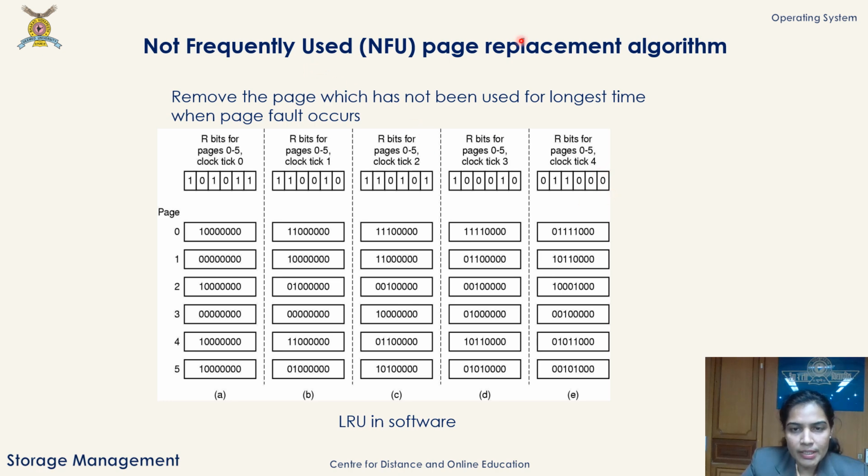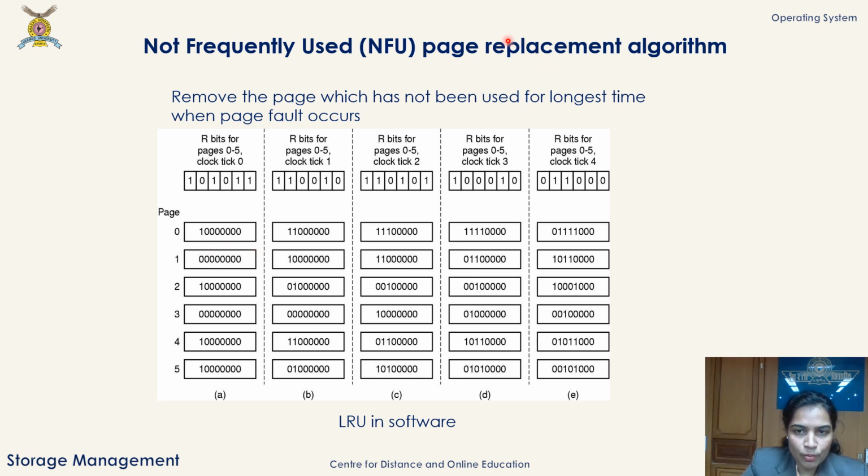Now after each clock tick, the operating system scans all the pages in the memory. After that, the R bit value of each page is examined and the R bit value is added to the left of the counter, and then the counter moves 1 bit to the right.